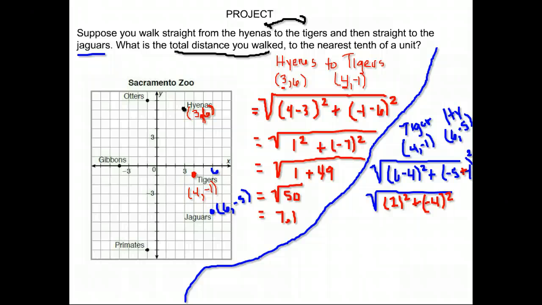We are going to square both of those. Okay, so 2 times 2 gives us 4, and -4 times -4 gives us positive 16. Go ahead and add those to get 20, and then take the square root, which is about 4.5.